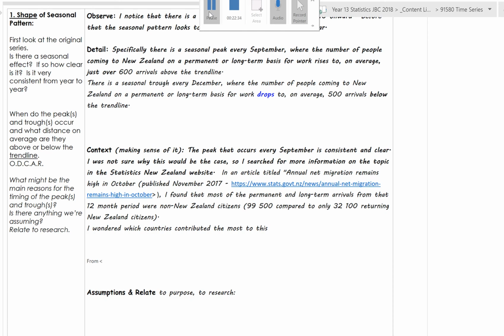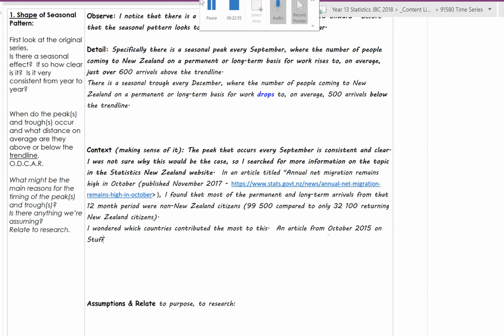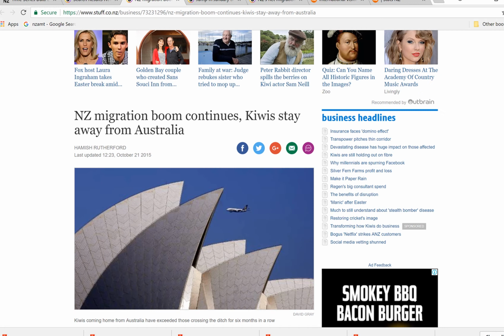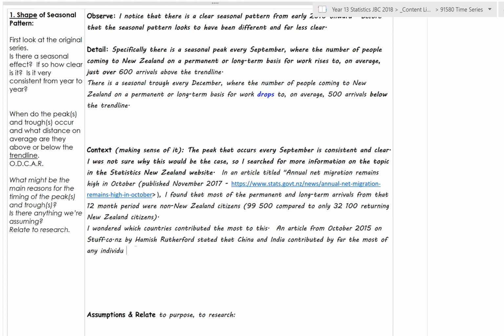So I wondered which countries contributed the most to this. An article from October 2015 on stuff.co.nz by Hamish Rutherford stated that China and India contributed by far the most of any individual countries to migration.